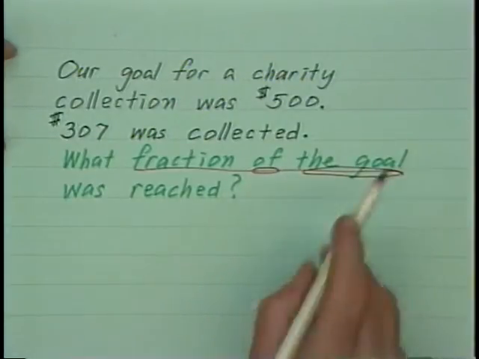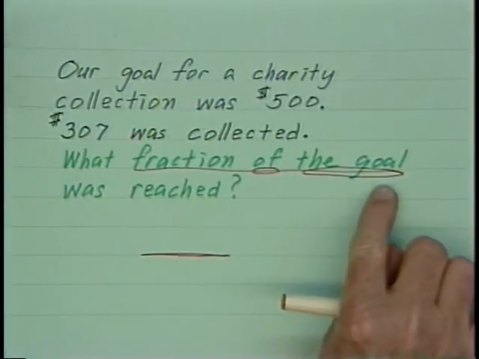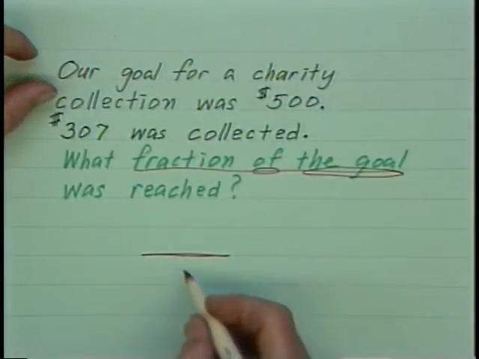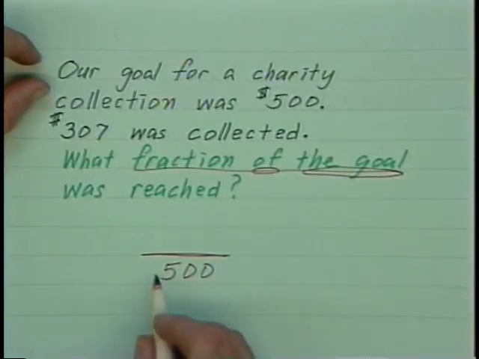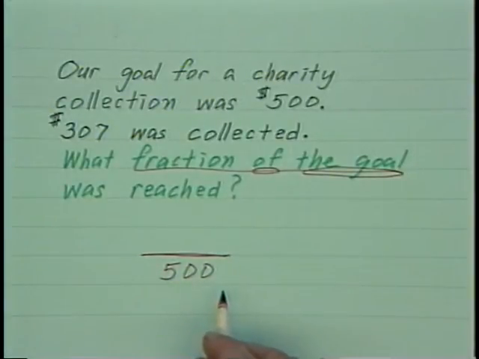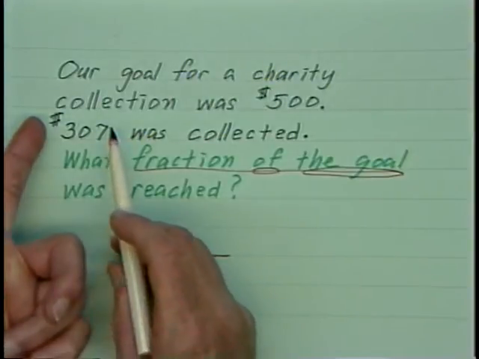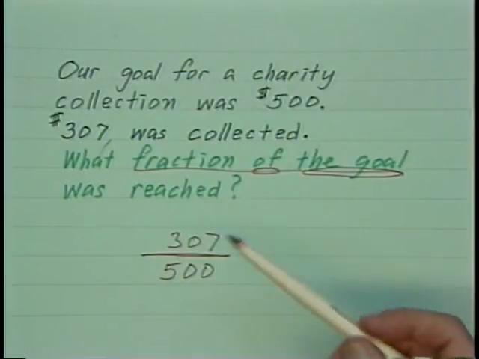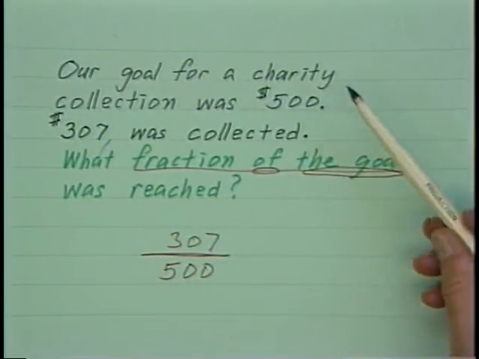This is sort of pointing to what our whole is. So our whole is the goal, and our goal was $500. So the whole amount of money that we want is 500. But of that which we wanted, that which we got was 307. So the fraction 307/500ths of our goal was reached.